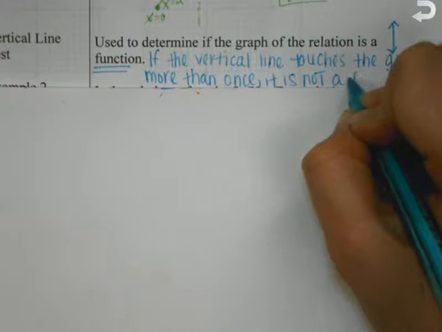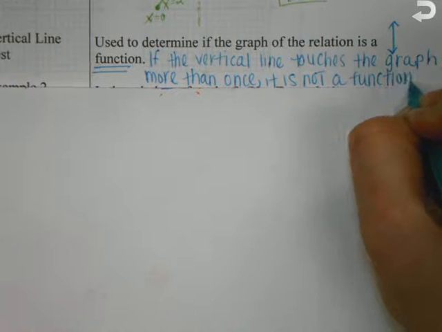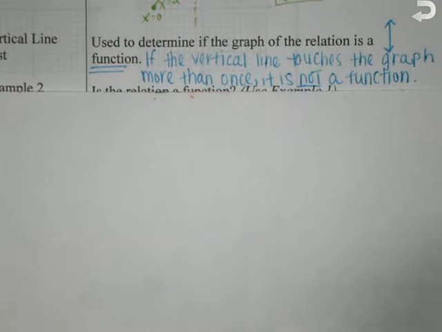Okay. So if the vertical line touches the graph more than once, it is not a function.